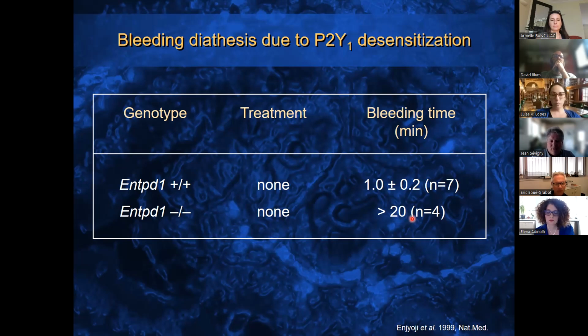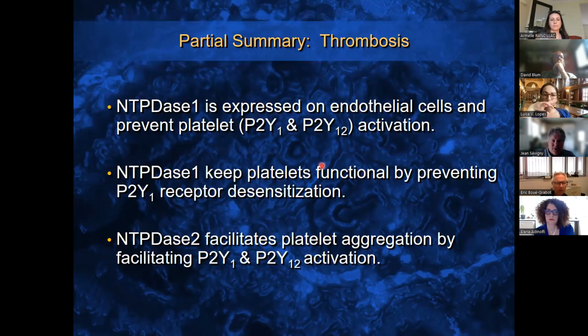As I said before, you need activation of P2Y1 and P2Y12 to have good aggregation. So having a desensitized P2Y1 makes the platelet non-functional. Just a summary of this part on platelets and thrombosis: NTPDase1 is expressed on endothelial cells, and it prevents activation of P2Y1 and P2Y12.